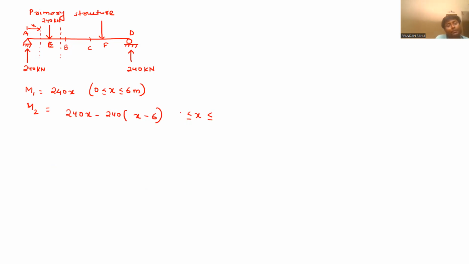6 to? I am doing the primary structure. Now, I said you can take x from here only, but what will happen if you take x from here?